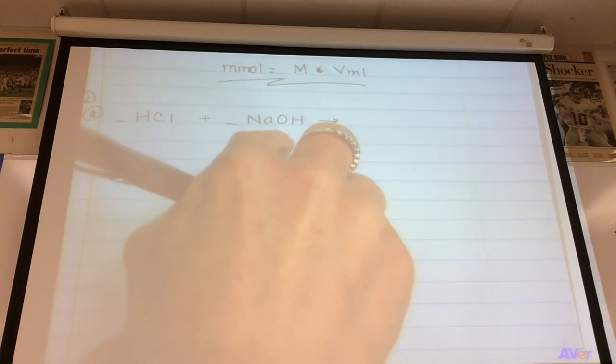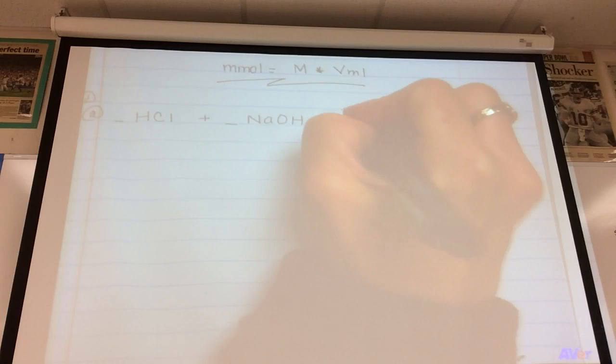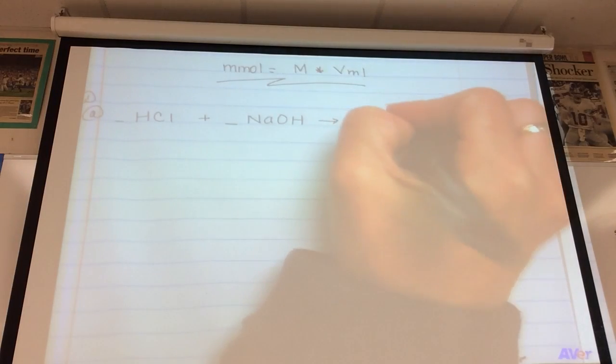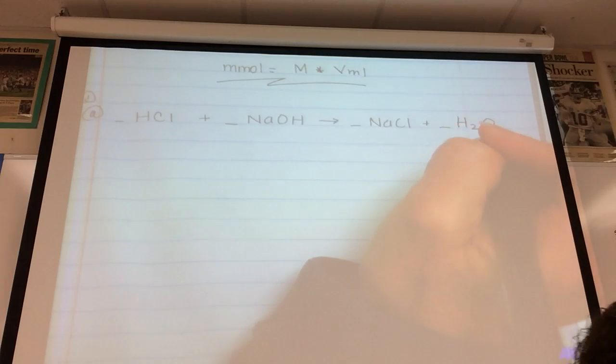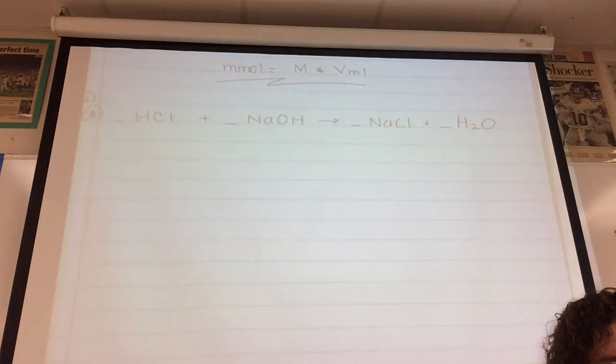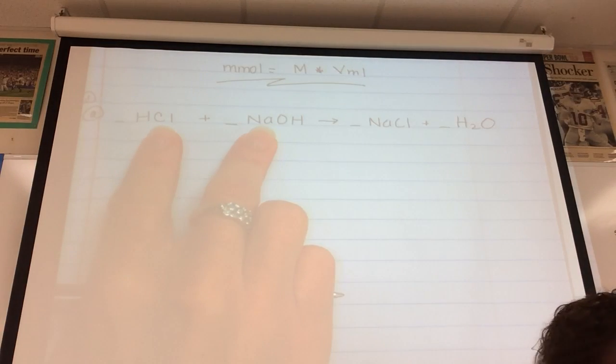We know an Arrhenius acid reacts with an Arrhenius base to generate a salt and water. And that equation's already balanced, making it really much easier because you have a 1-to-1 mole ratio of reactants.